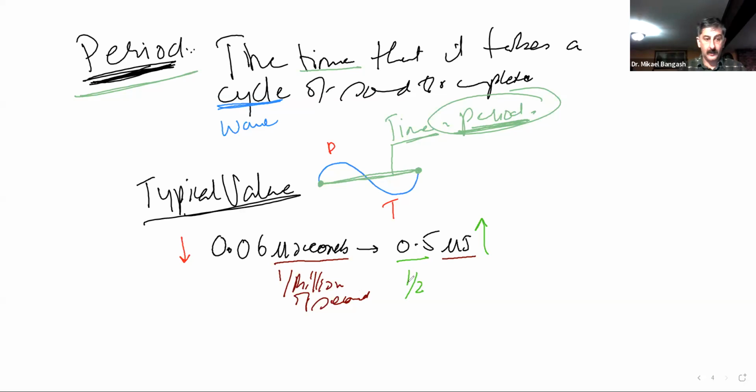Now these values, we can take the maximum first. There's 0.5 here, which can still be written like this. Now your micro can be written as 10 raised to the power minus 6, and your seconds.